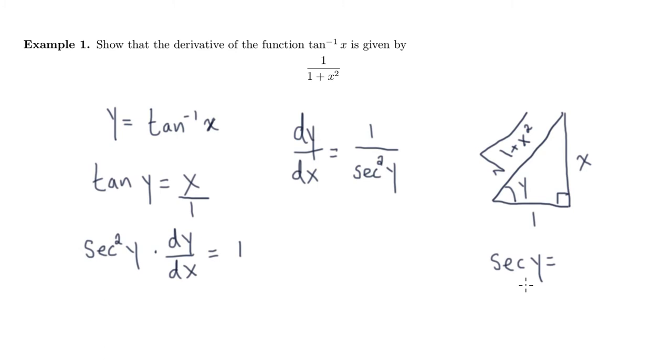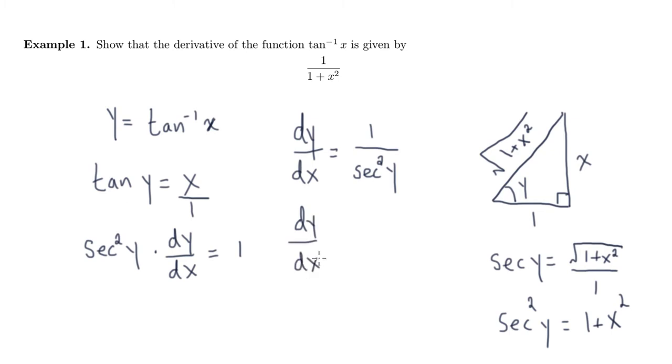Cosine is adjacent over hypotenuse. So secant should be hypotenuse over adjacent: square root of 1 plus x squared over 1. But then if we square it, what is secant squared y? It's simply 1 plus x squared, as we would expect if we were to get the right answer. So dy/dx is simply 1 over 1 plus x squared.